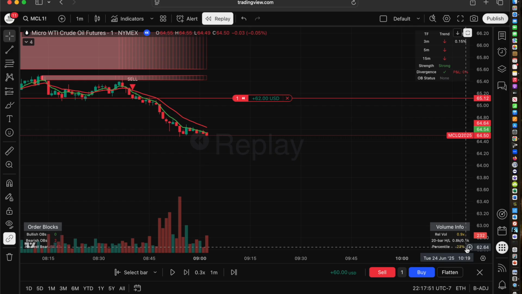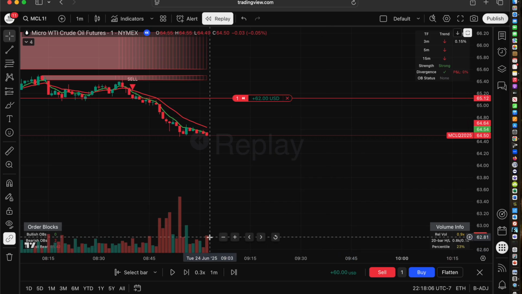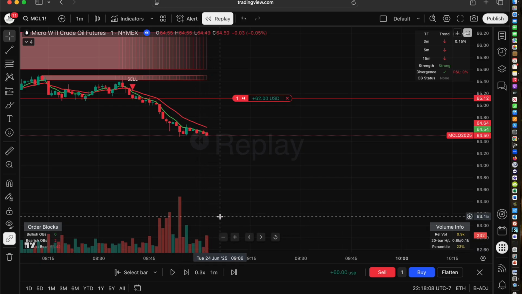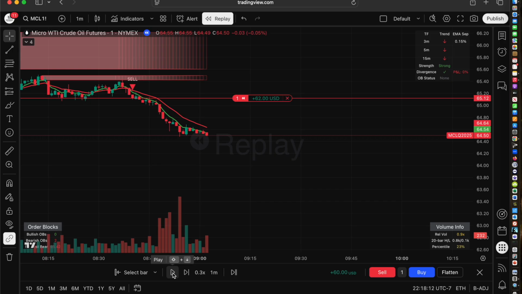And we have not so decent volume, but it's not too bad. Last 20 bar high was about 800. And right now we have a couple of hundred participants or trade volume. All right, let's see how far we can take this trade before we exit.